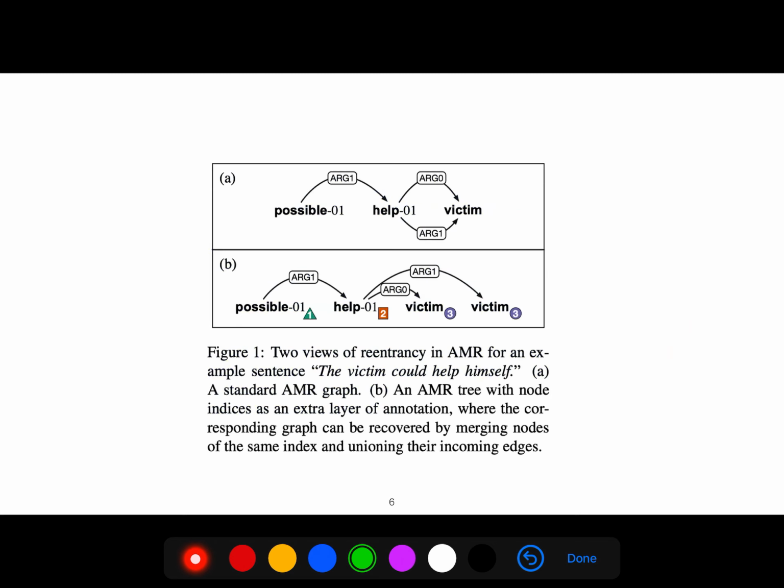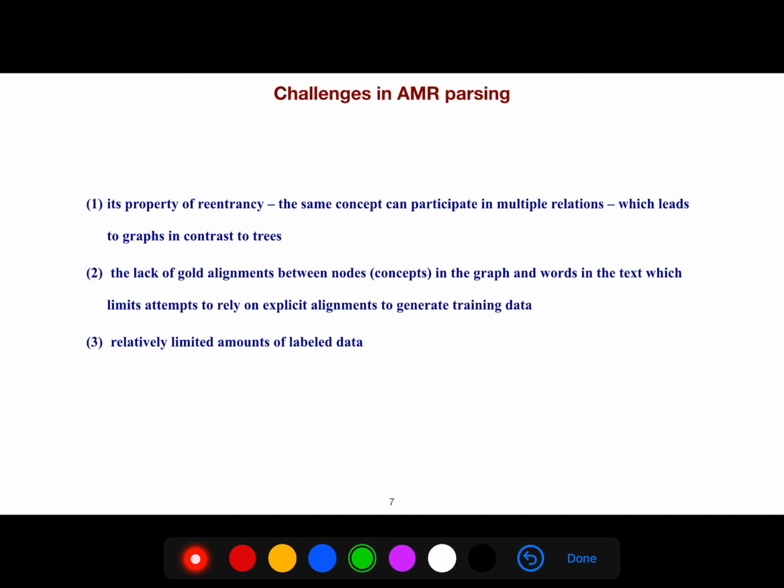So we interpret it as a sequence-to-sequence model to obtain these concepts, and after that, use the deep biaffine attention of Professor Christopher Manning to find these relations. There are challenges in AMR parsing. Its property of reentrancy, because one word could be used several times. The same concepts participate in multiple relations. There is a lack of alignment between nodes in the graph and words in the text, and relatively limited amounts of labeled data.